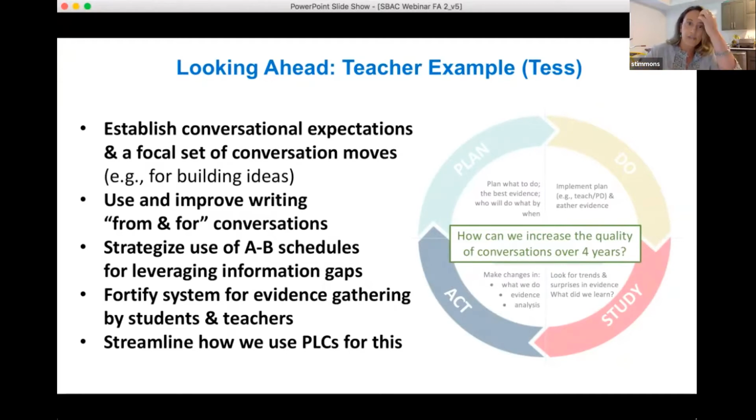How I started off with my PLC group this summer is I showed them a variety of conversations that my students made in June of 2020. And then my PLC group watched those along with 2 district instructional coaches that work with the middle school and high school so that we could set ideas for where we want to go next with our speaking and listening skills, our conversation skills.